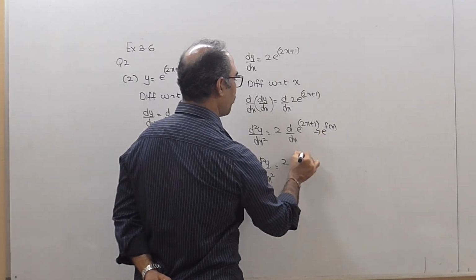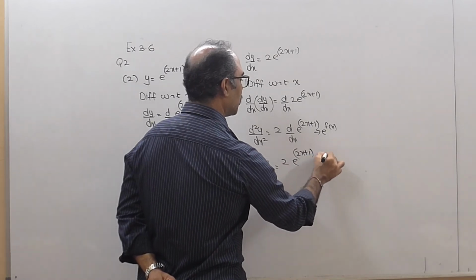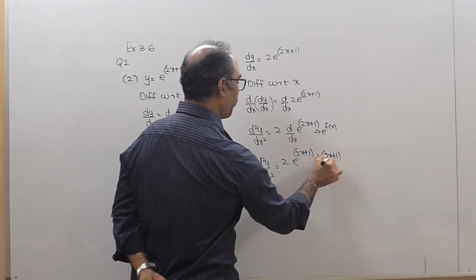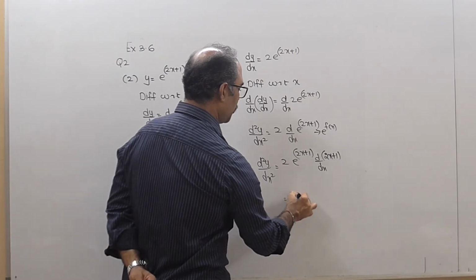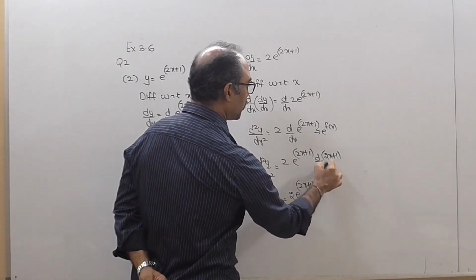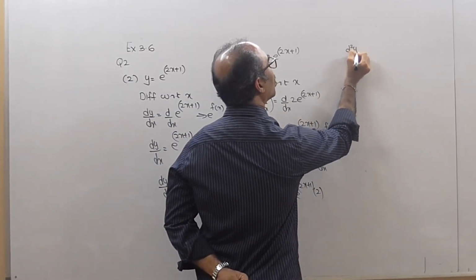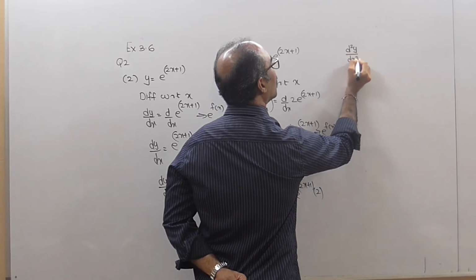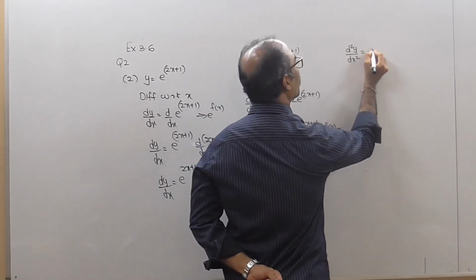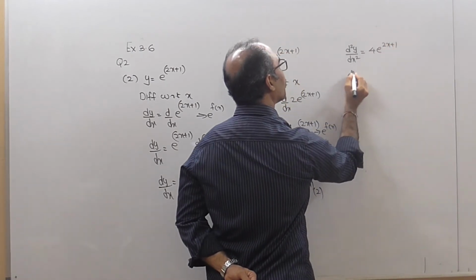The derivative of e raised to f of x is e raised to f of x, d by dx of f of x, that is 2 e raised to 2x plus 1. The derivative of 2x is 2, of 1 is 0. So I get d square y upon dx square equal to 4 e power 2x plus 1.